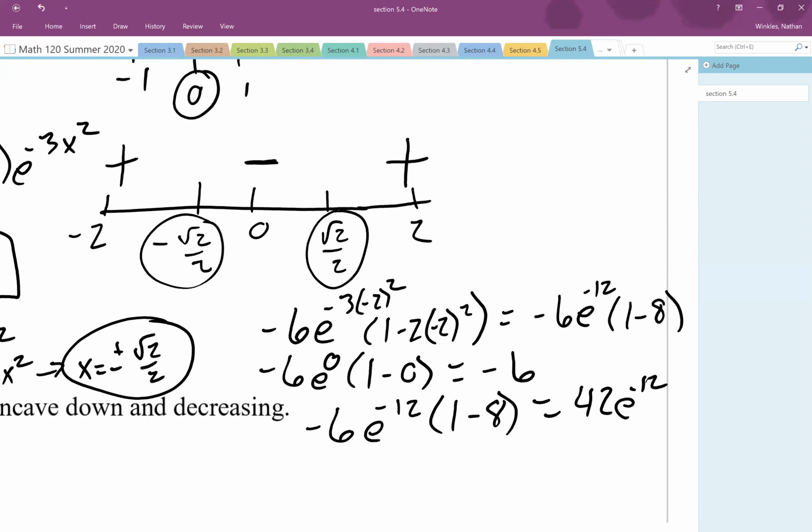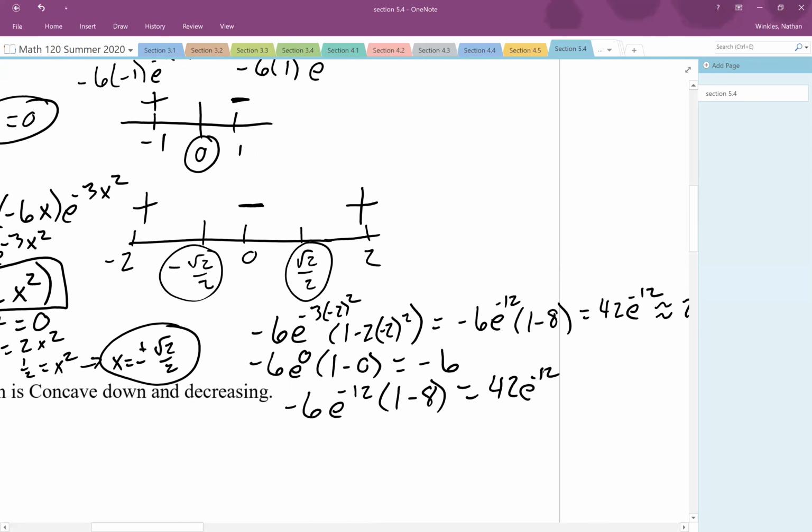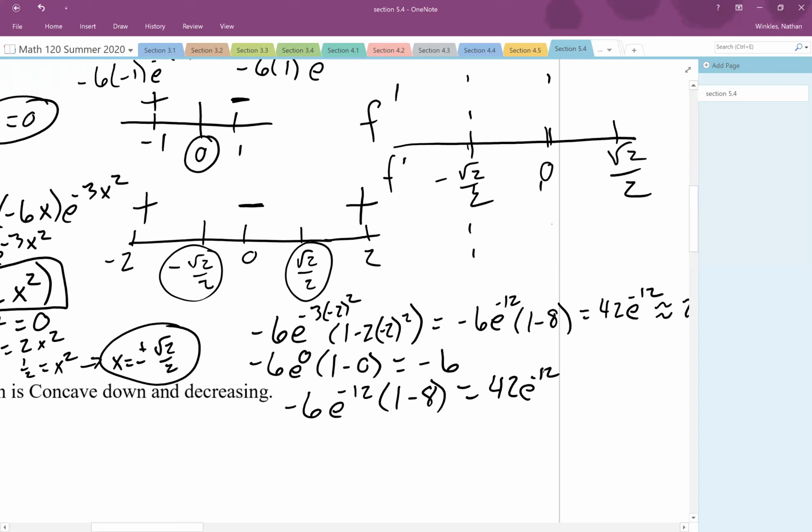So now we need to put these two together. So we've got negative root 2 over 2, we've got 0, and we've got square root of 2 over 2. So for our first derivative, everything to the left of 0 is positive.